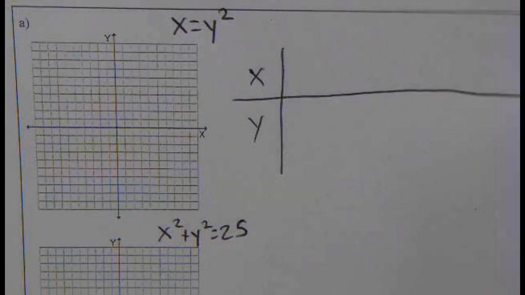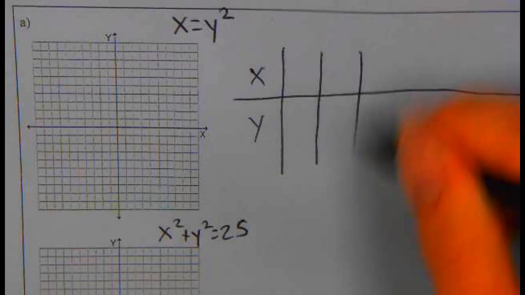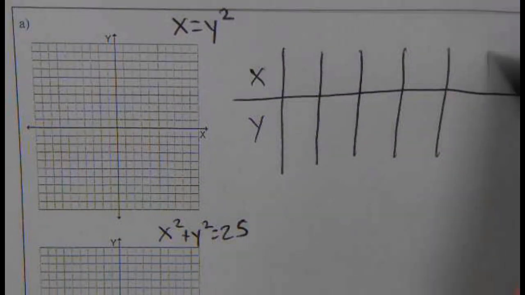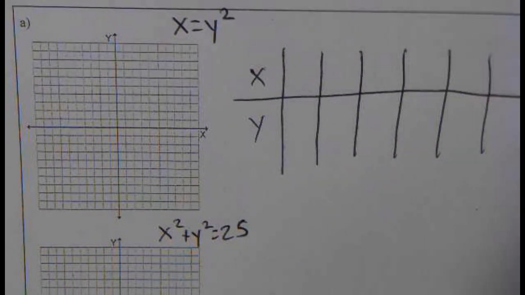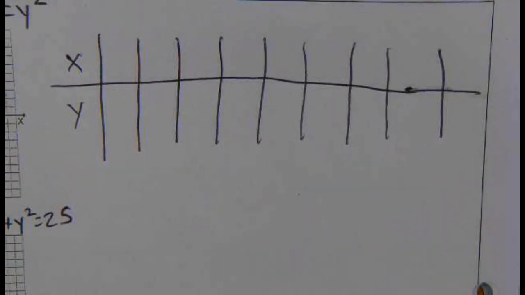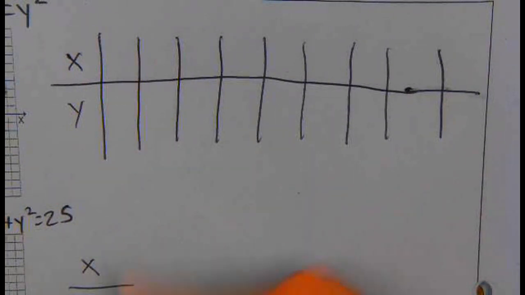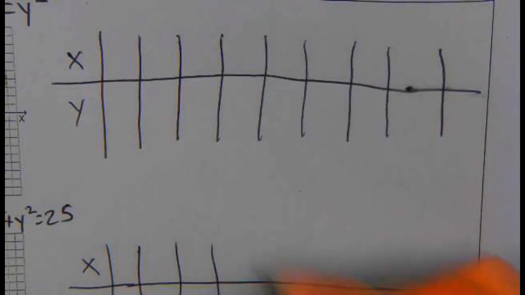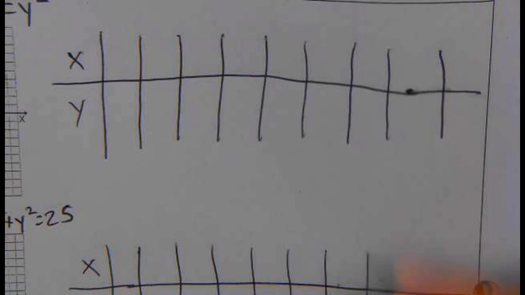Okay? These are ones that we haven't necessarily done in this class yet. I don't know how many spots you'll need in your table, so I just filled up the page. You just need as many points as you need till you figure out what this graph looks like.